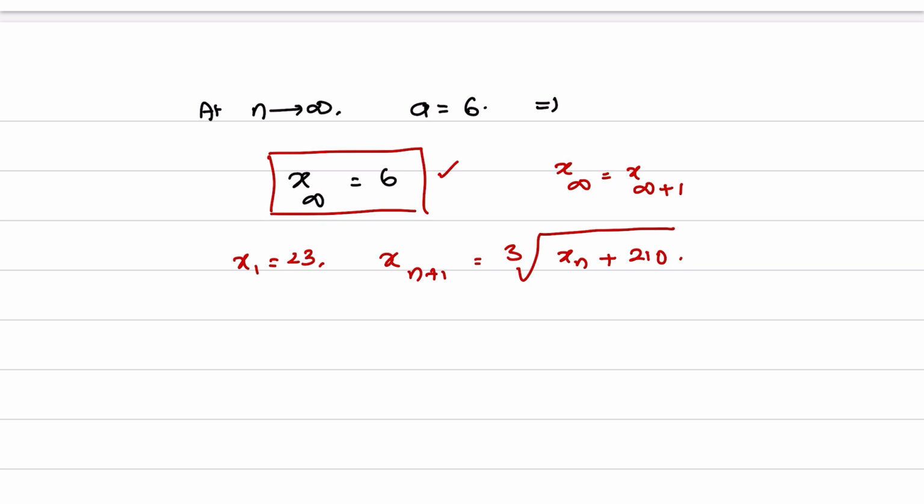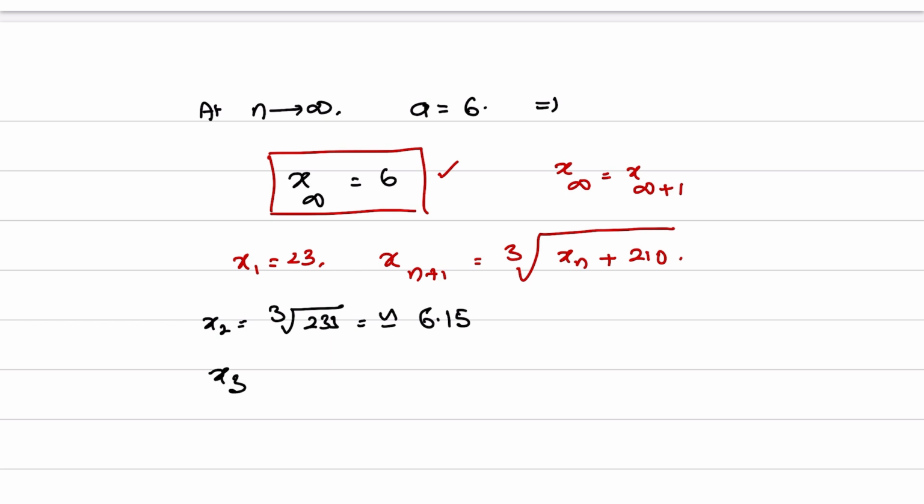That is the beauty of this equation. For example, x1 is equal to 23. Now, x2 is equal to the cube root of 233, which is approximately 6.15.